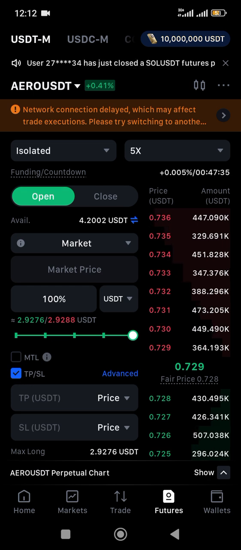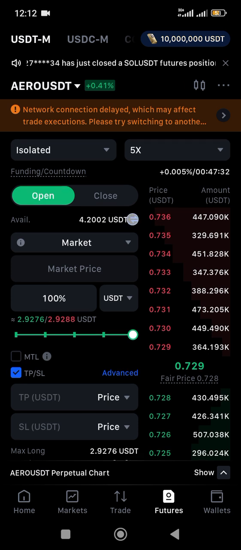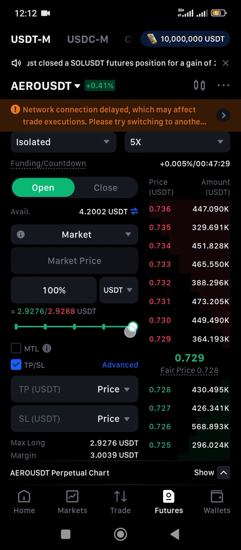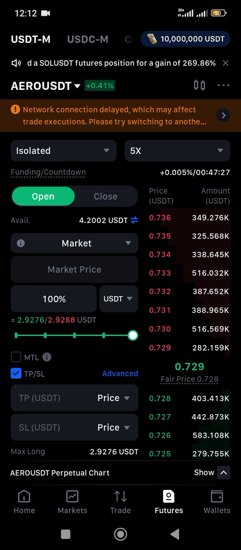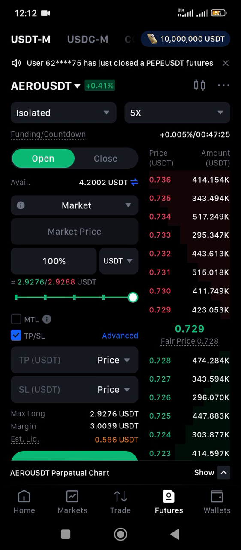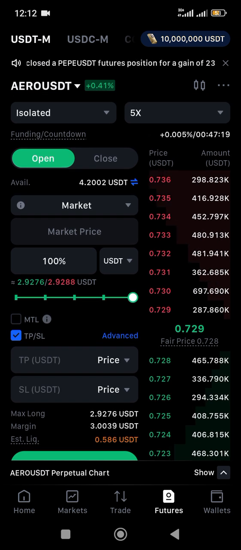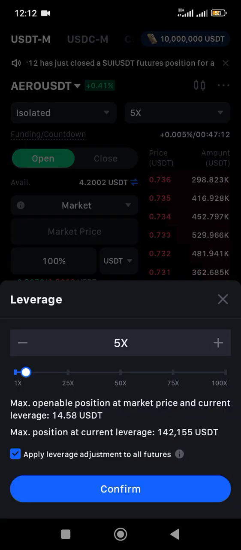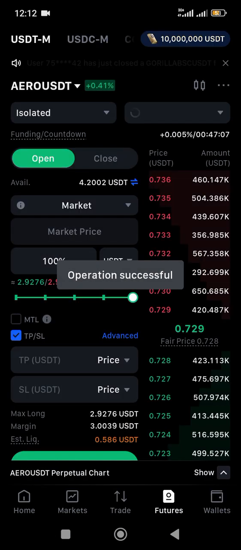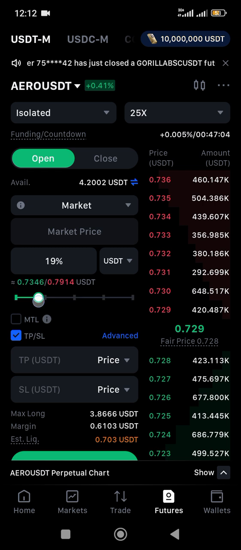So you can see, because the USDT was too small and the leverage I am using here is too small, that's why it did not show up. But if I increase the leverage to times 25, I will now be able to trade with 0.3.